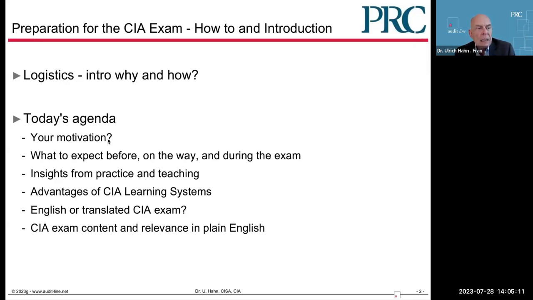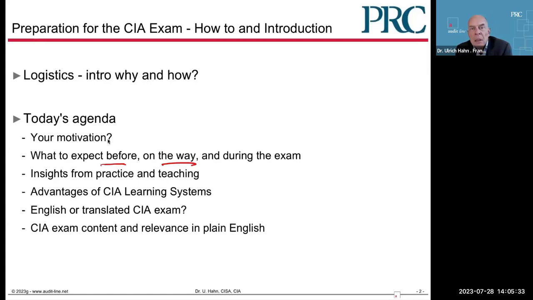So what I said here in my agenda is, first of all, there is a before the exam, so you have to make up your mind. You have to figure out whether you have enough time to prepare, and eventually also which material you want to use. And then you have the process to prepare.